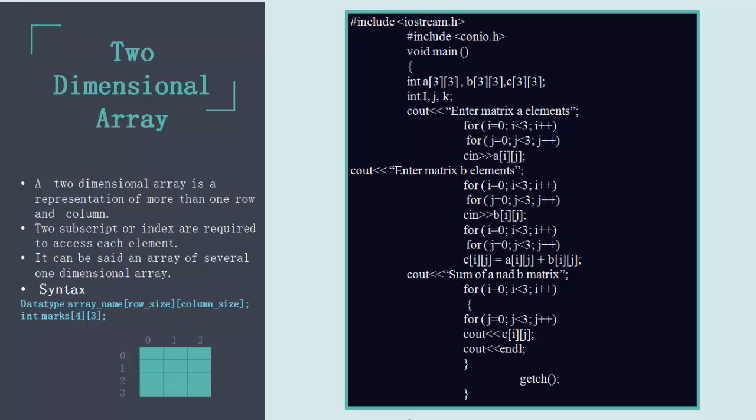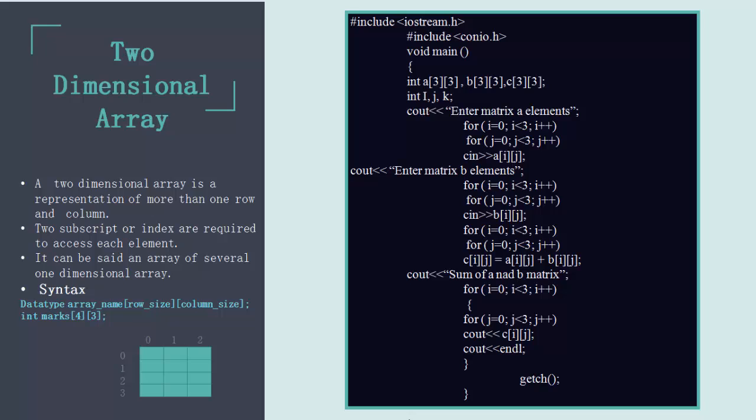There was nothing like rows and columns. Now we want something as row and column both. So for that thing we need two-dimensional array. Two subscript or index are required to access each and every element. It can be said that array of several one-dimensional array can be a two-dimensional array, right?